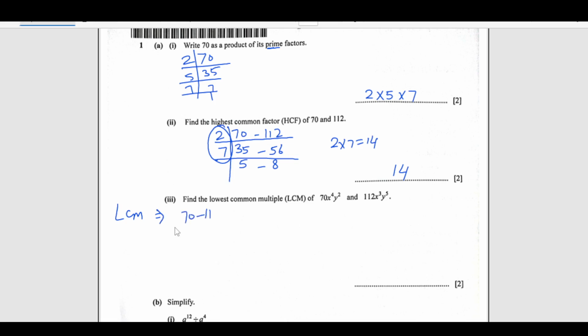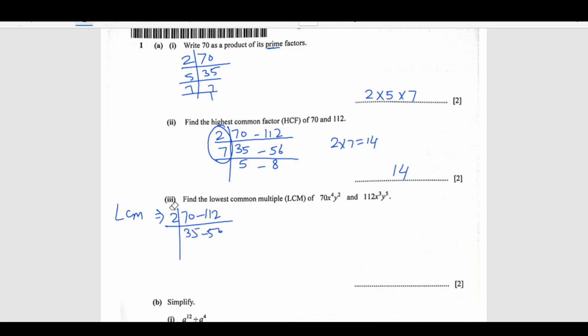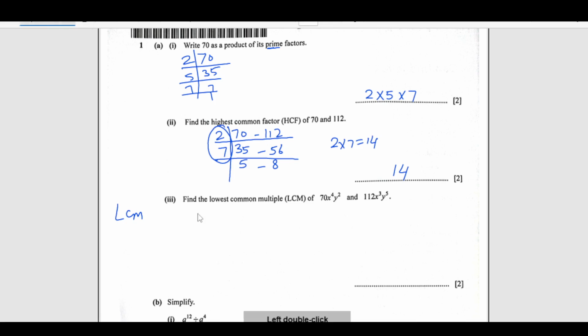Actually there is no need for this, wait. We can just take it from here. For the second part, we multiply all of these. So this is 2 times 7 times 5 times 8. So this gives us 560.